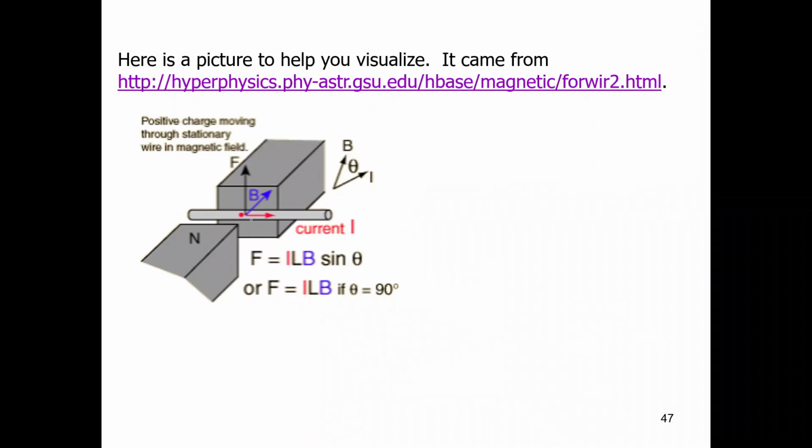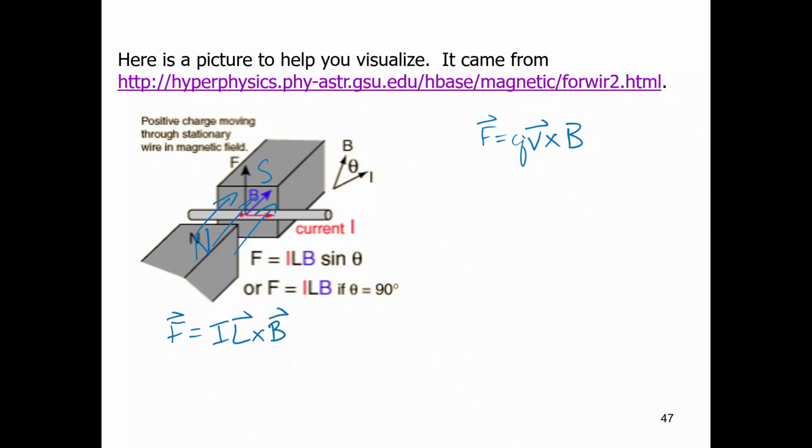Picture that you have a current carrying wire and you have the north side of a magnet and the south side of a magnet, so that there is a magnetic field going in that direction. What we want to do is compare our understanding that force is equal to QV cross B to our equation that force for a current carrying wire is IL cross B.